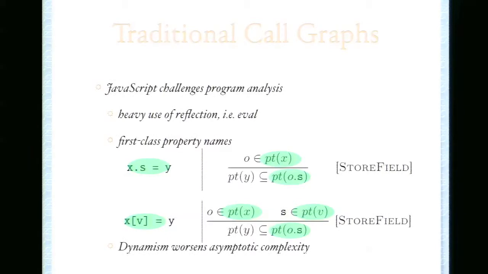This is what traditional people, who will tell you things like Andersen's analysis is n cubed, tend to be interested in. If I want to analyze this statement, for every object that x might point to, and every object that its s field might point to, those now have to contain everything that y might point to, because I just assigned y into the field. Any field I might assign to now has to have everything I just assigned to it.